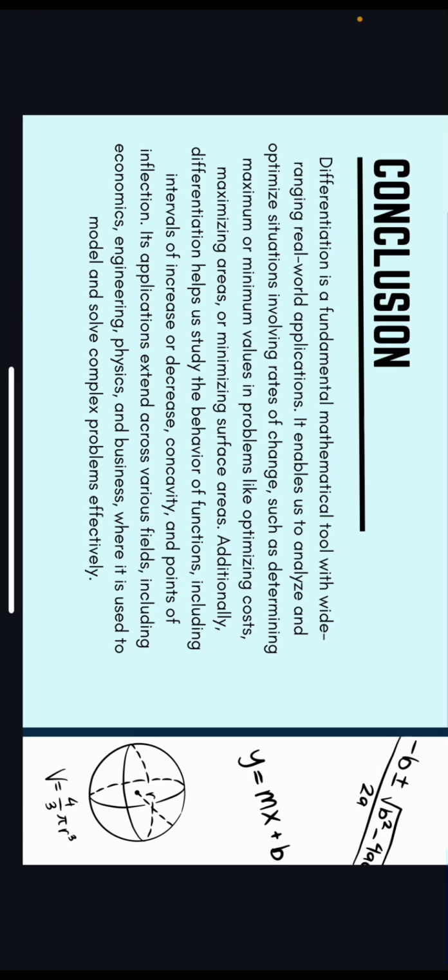Additionally, differentiation helps us study the behavior of functions, including intervals of increase or decrease, concavity, and points of inflection. Its applications extend across various fields, including economics, engineering, physics, and business, where it is used to model and solve complex problems effectively.